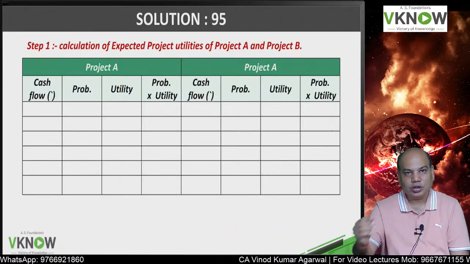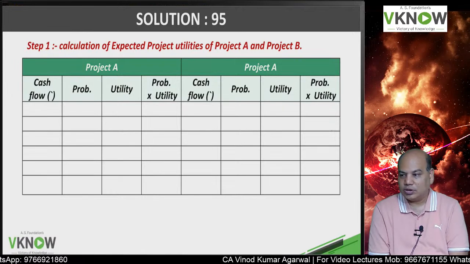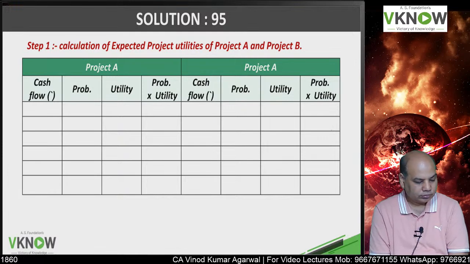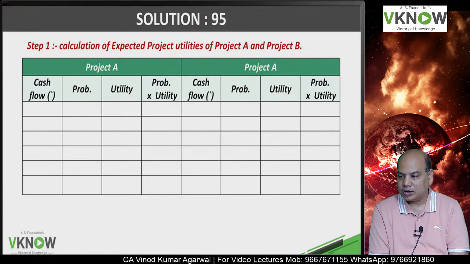So in one table only we can do it. Write down step 1, calculation of expected project utilities of project A and project B.